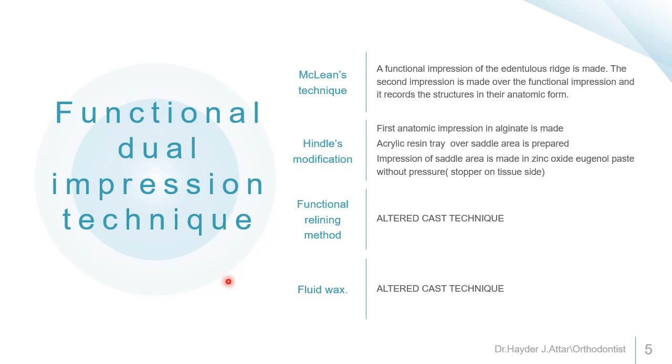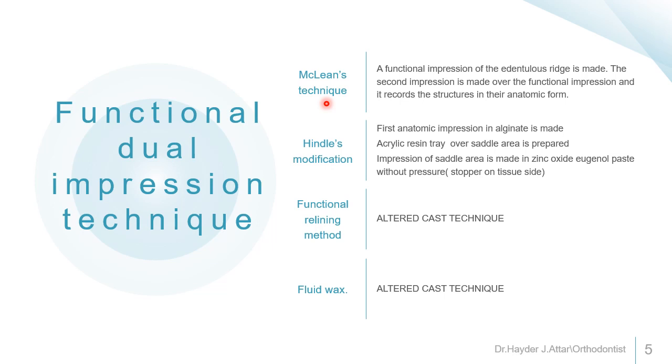For the functional dowel impression technique, there are many types, which include the McLean technique, Handel's modification, functional relining method, and fluid wax. In the McLean technique, the functional impression is taken for the edentulous ridge, or the free end extension or saddle area of the removable partial denture.